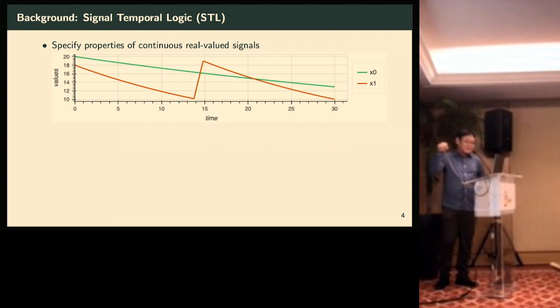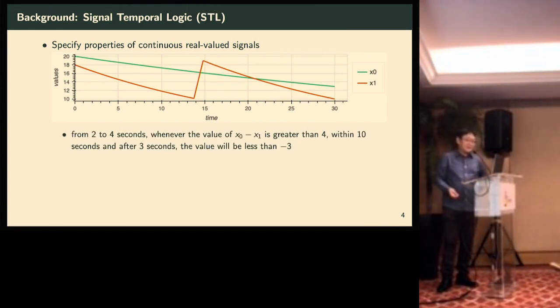They are not linear because there's a slight curve over there, generated by our tool, but it looks too straight, though it's not actually. Then you can consider some time-related property like this: from 2 to 4 seconds, whenever the value of x0 minus x1 is greater than 4, then after 3 seconds, before 10 seconds from that point, the value will be less than minus 3.